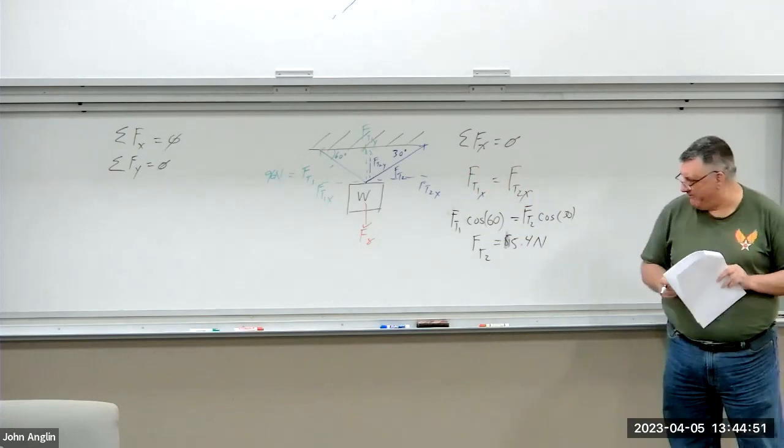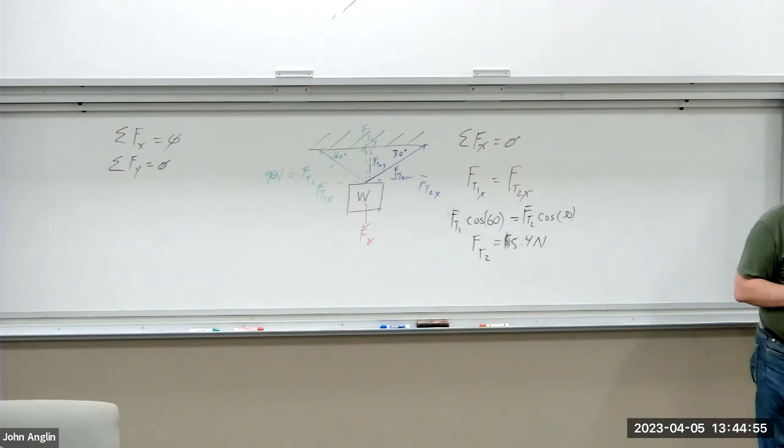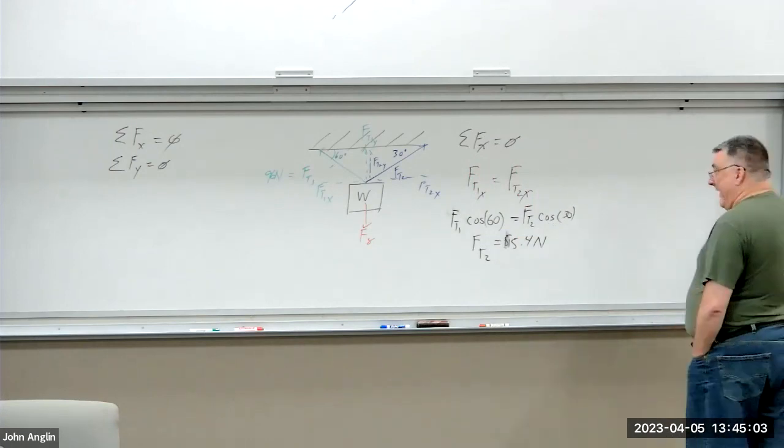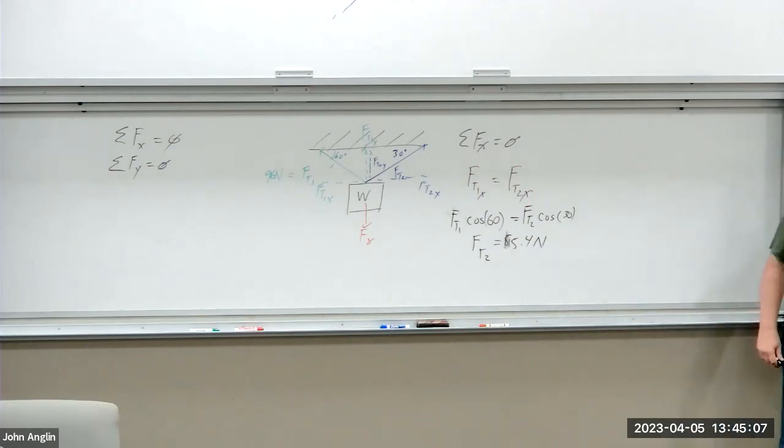So what did we just do? Let's keep track of what we're doing and why we're doing it. This is a common problem when solving physics problems. It's very easy as you go to get lost in the math and get lost in the diagrams and forget what we're trying to find.